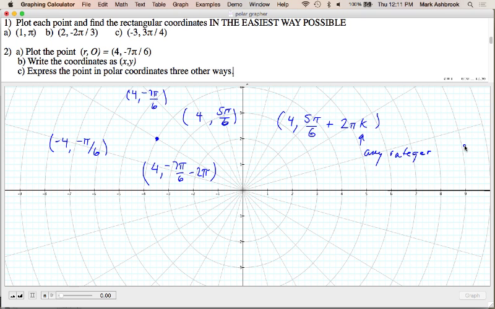Okay, questions on that? Any multiple of 2 pi added to 5 pi over 6 takes you in that same angle direction.